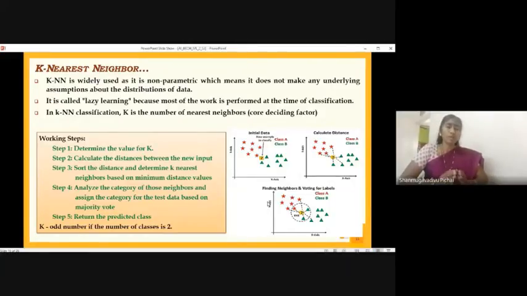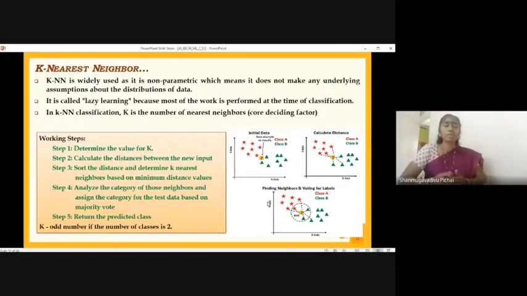When you have a model which requires assumptions from the historical data, we must be able to provide that information in the data set. But this algorithm, k nearest neighbor, doesn't work on assumptions about the data set. It works directly on the data set, and that is the reason why it postpones the process of giving the result till the end.